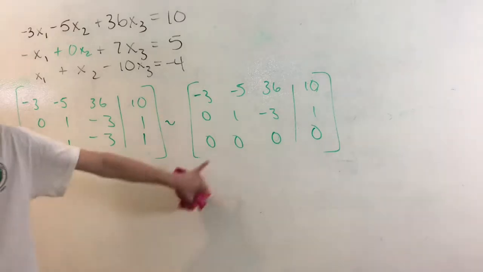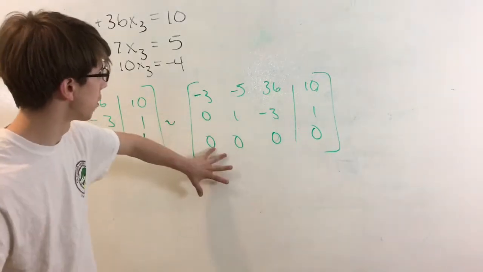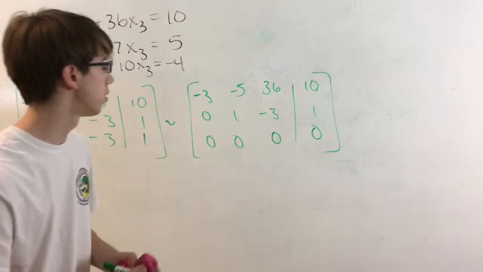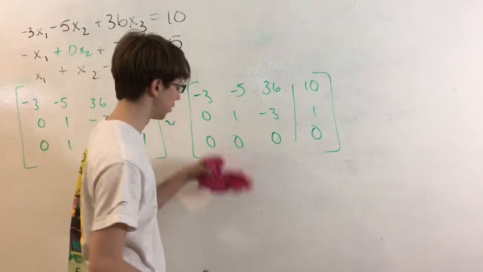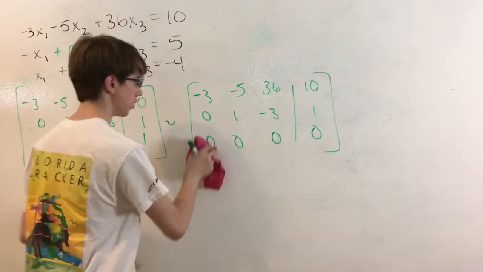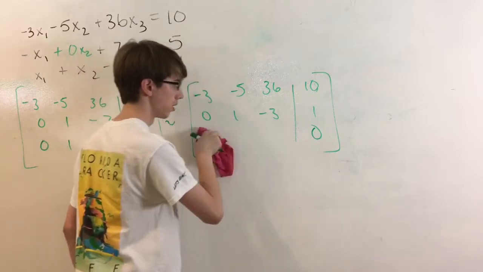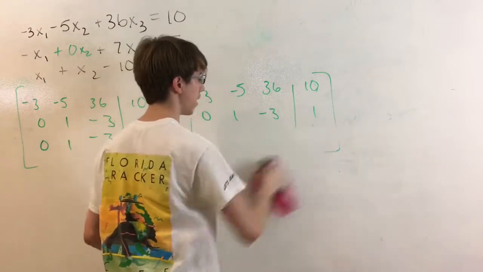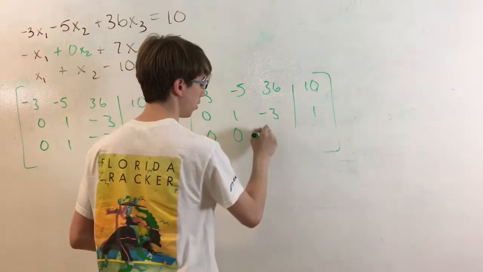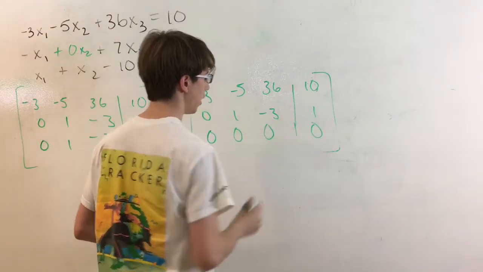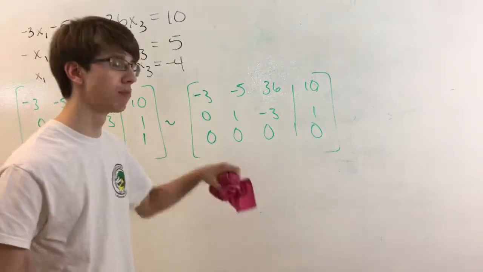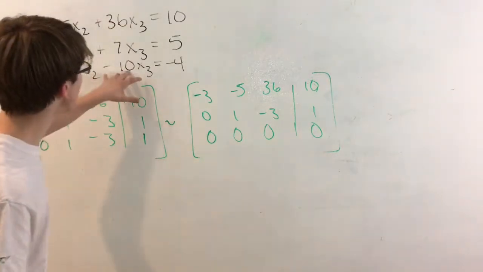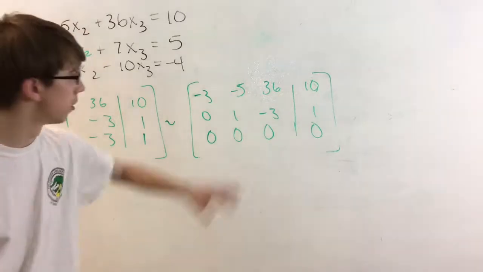So we've ended up with this right here. We've ended up with a row that is fully zeros. There's no leading term anywhere here at all. It's just saying 0 is equal to 0. So this row actually goes away because it doesn't matter, right? This row completely doesn't matter anymore. And because this row doesn't matter, you know what that means? It means we now have more unknowns, more variables, than we do rows.